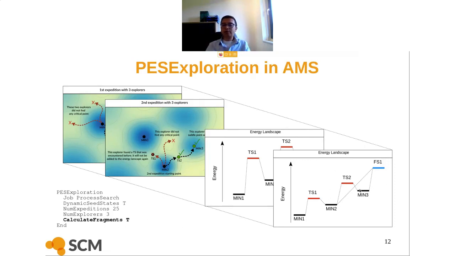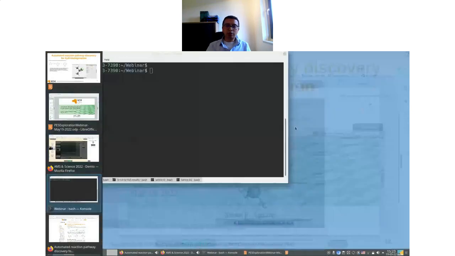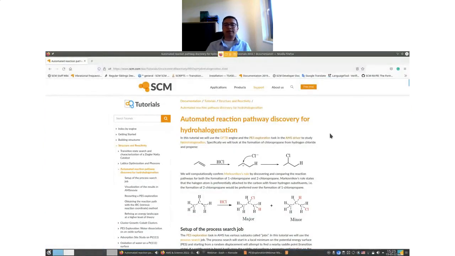They are going to be represented in our energy landscapes as a normal state, but actually you can access the properties of each fragment independently from our graphical user interface. Okay, so more or less in general words, this is how the PES exploration works.